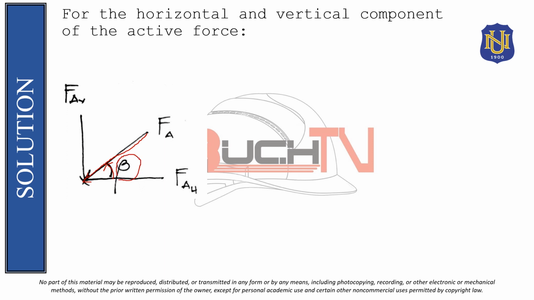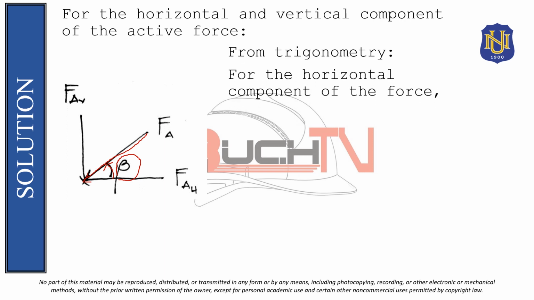So, by using the principles of trigonometry, we will solve for the horizontal component of the force. So, we will use cosine beta. From SOHCAHTOA, cosine is equal to adjacent over the hypotenuse.